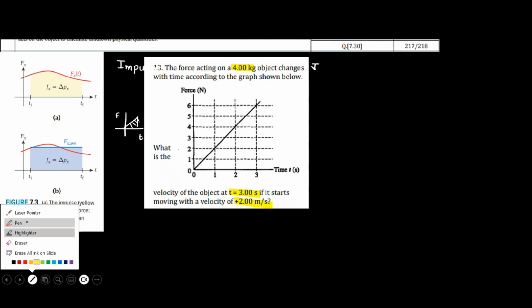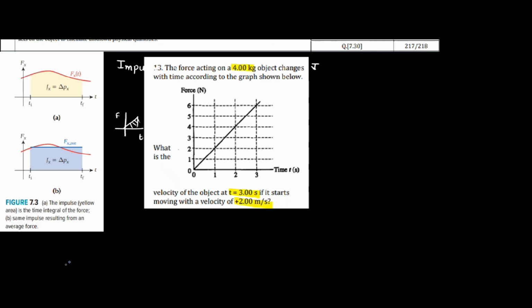In this question, they have given me the mass of the object, which is 4 kilograms, the time, and the initial velocity. They want me to find the final velocity at time t equals 3 seconds.